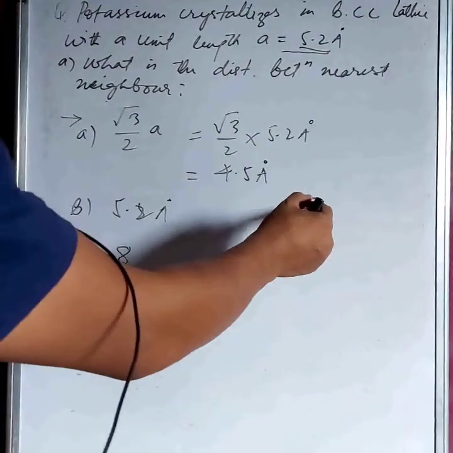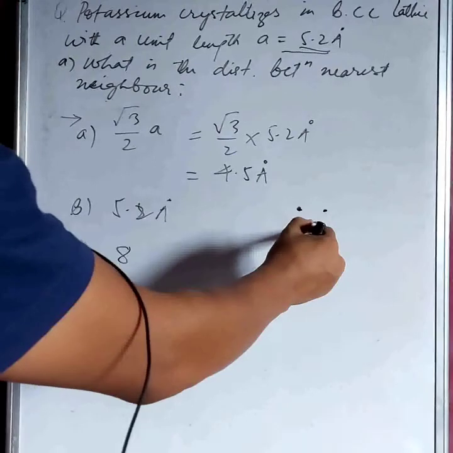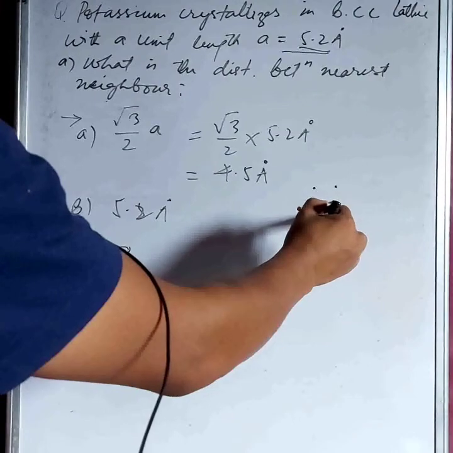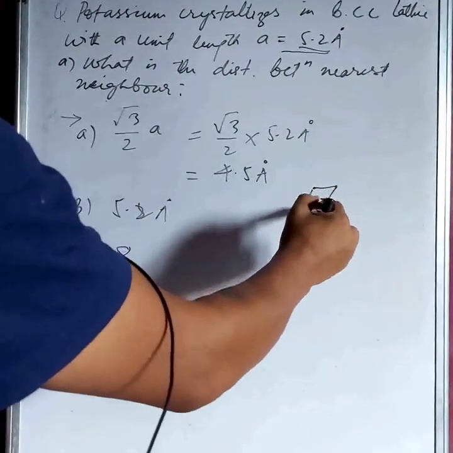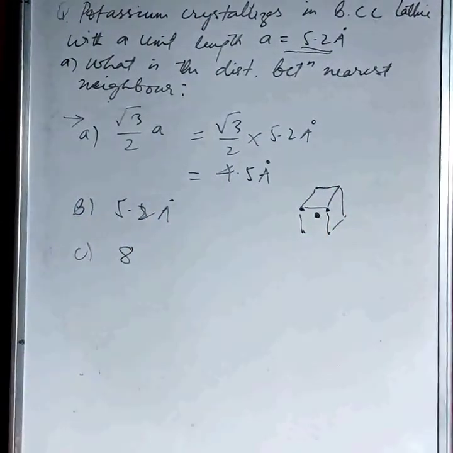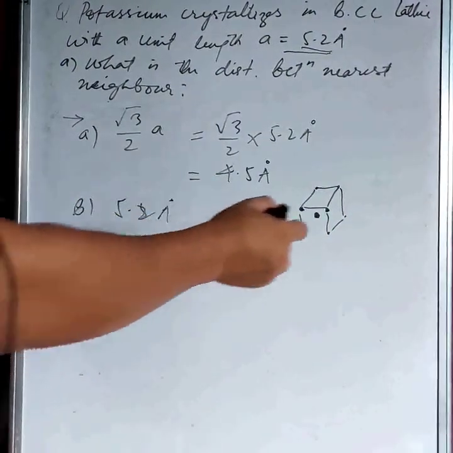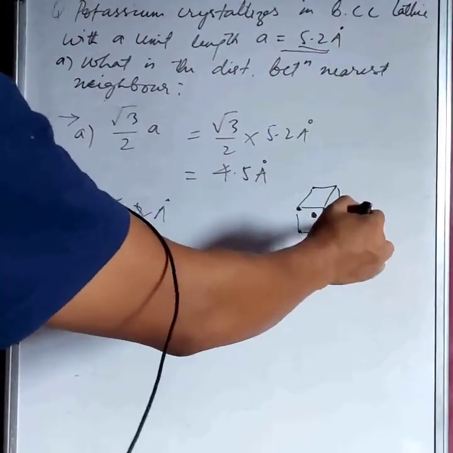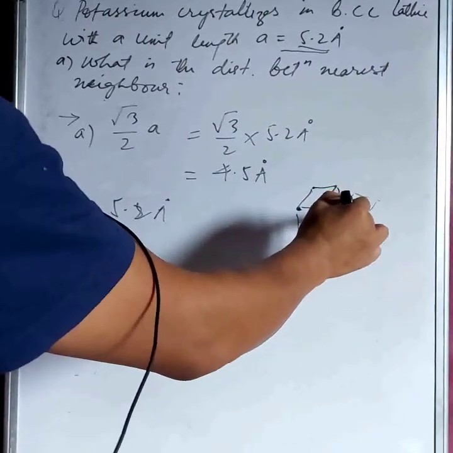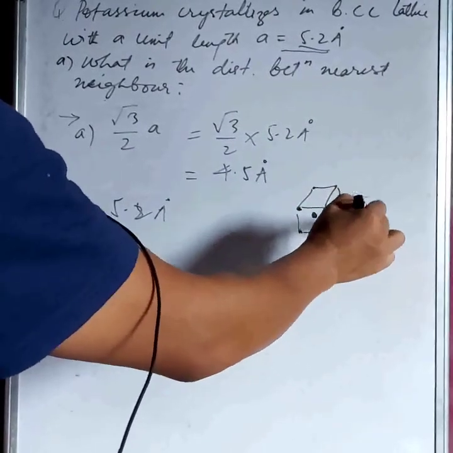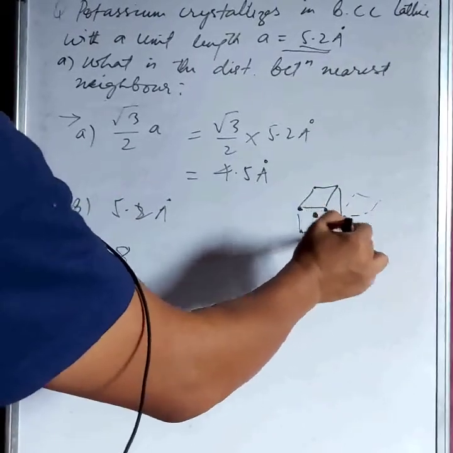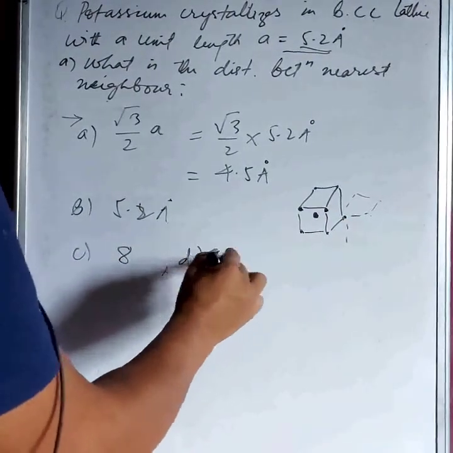In the body-centered cubic system, if we extend it, this atom will have 1, 2, 3, 4, 5 and 6. So the answer is 6.